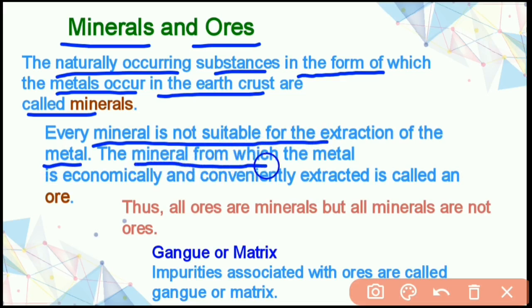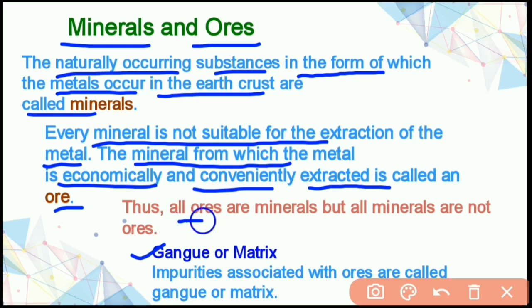A mineral from which the metal can be extracted economically and conveniently is called an ore. Ores are usually contaminated with earthly or undesired material known as gangue. So we can say that all ores are minerals, but all minerals are not ores.